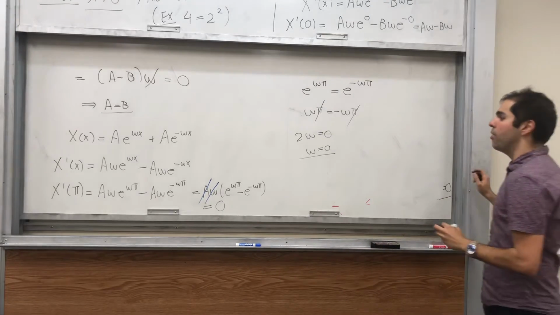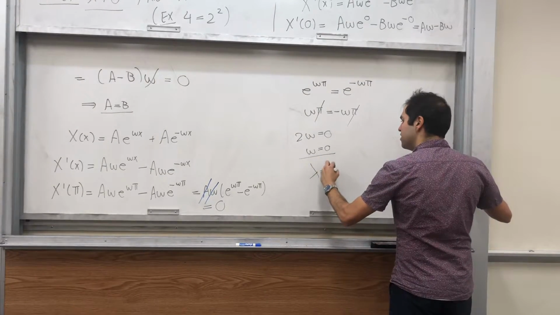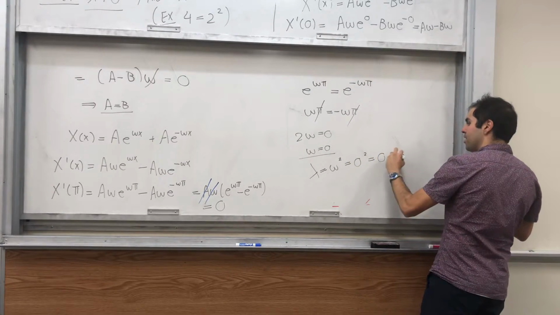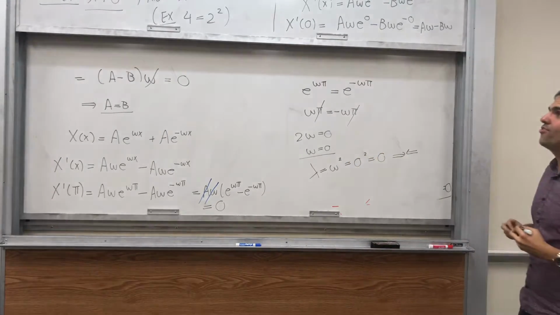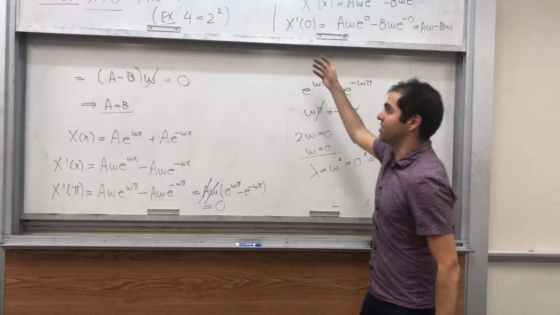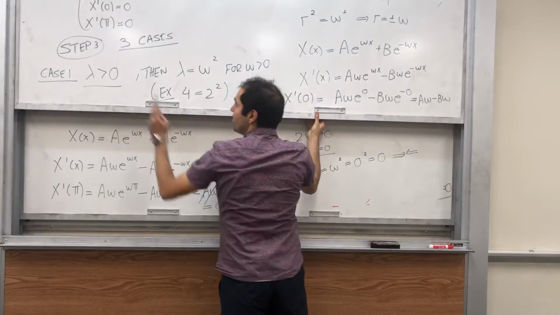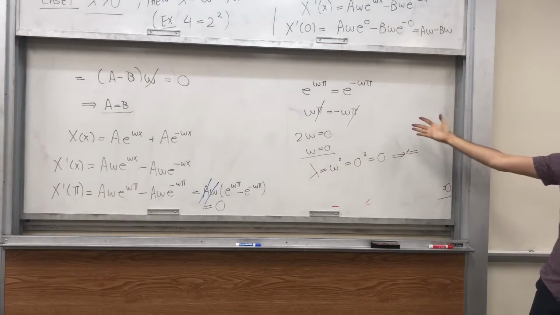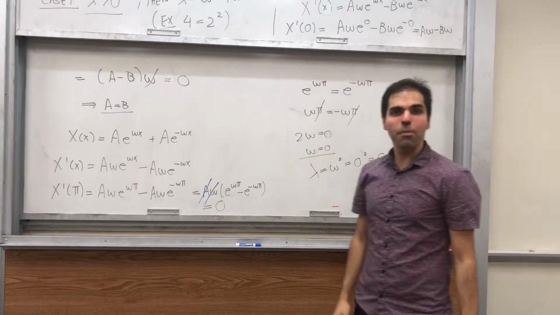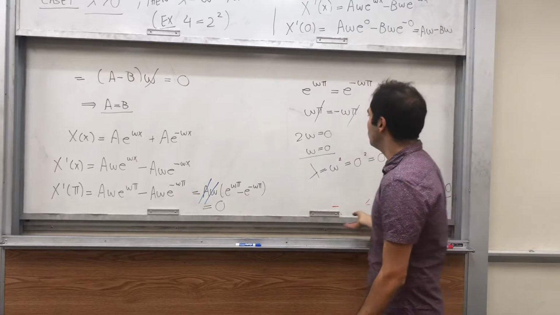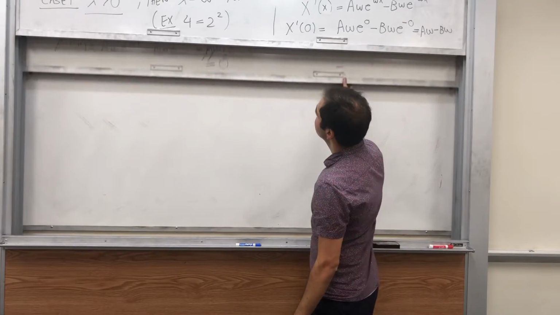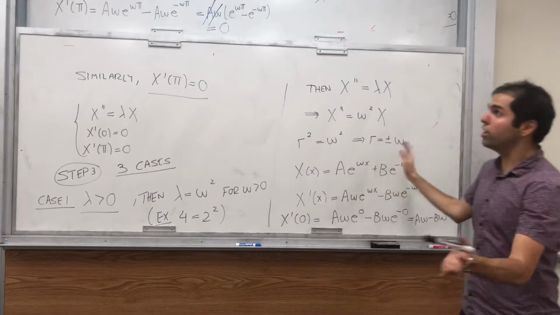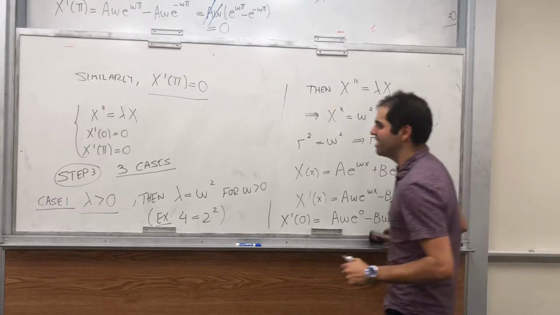But that's a problem, because then lambda is omega squared, and that's 0 squared, and that's 0. And it's a contradiction with the fact that lambda is positive. In particular, what we can conclude is that in the case lambda positive, there are no solutions. Okay, not a problem, because we still have 2 other cases.